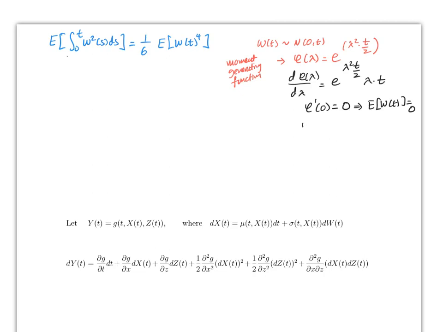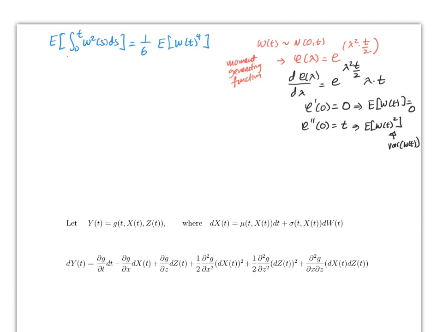Now you do the second derivative of this, and then you evaluate it at 0. Again, this is just basic calculus. You should check this. Then you end up with t, which, remember, is the expected value of wt squared, which is the same thing as the variance, which we know from here is equal to t.